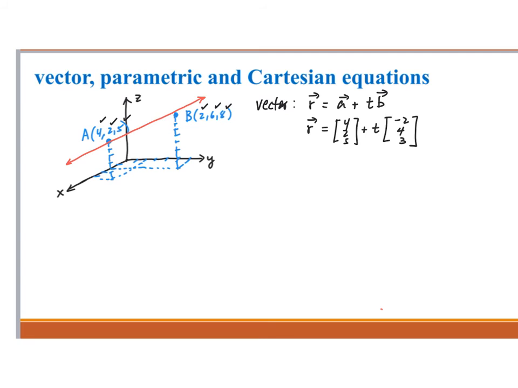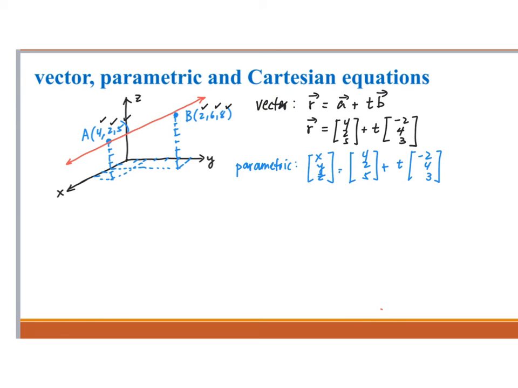For the parametric equations, let us first write r as x, y, z, and then just copy the rest: 4, 2, 5 plus t times negative 2, 4, 3.